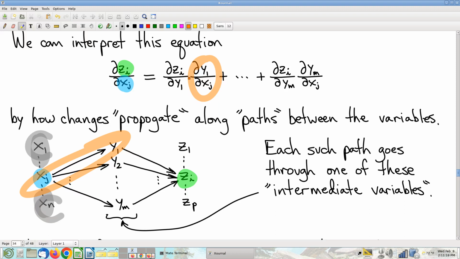And then furthermore, as y1 changes, how much does that contribute to a change in zi? Well, again, with the partial derivatives. And so this separate factor here, partial zi with respect to y1, represents the amplification of the change in the second step along that path. And so altogether, a succession of factors is a factor by the product.